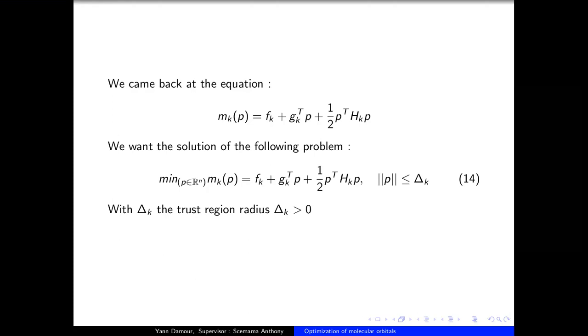And in our case, we want the vector p, which corresponds to the lower diagonal of our rotation matrix, to have a norm lower than delta k, where delta k represents the trust region radius. It's a hypersphere of dimension n.